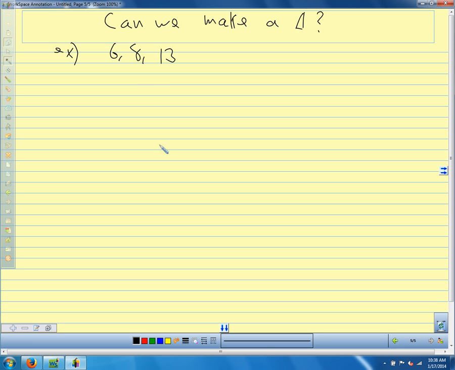So we want to know, can we make a triangle? What we do with these is we just pair up the sides and add them together and see if they're bigger than the side that we leave out. So we're going to say, is 6 plus 8, 6 plus 8 equals 14? That's bigger than 13. Yep. Then we're going to do the other pairs.